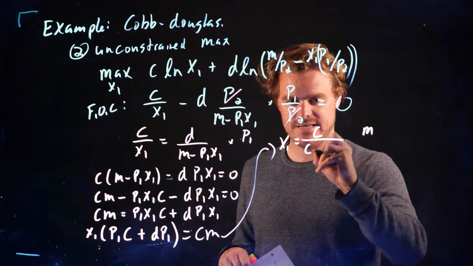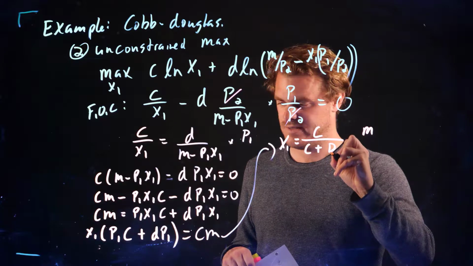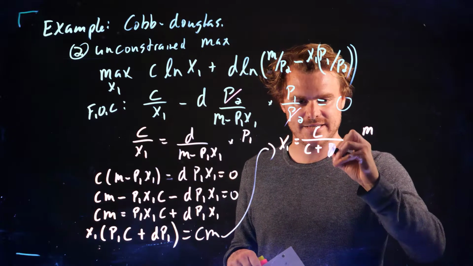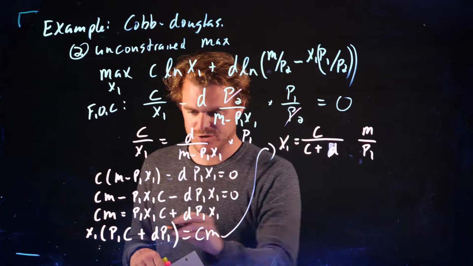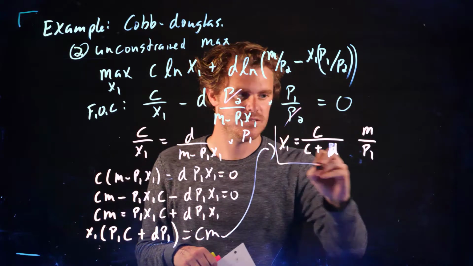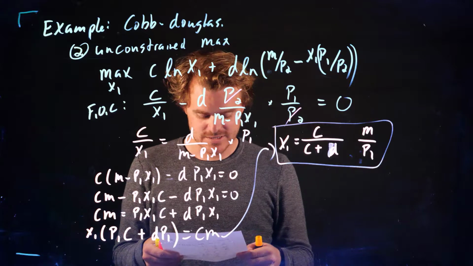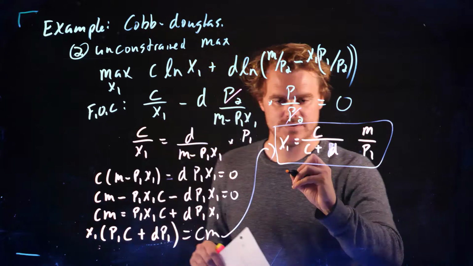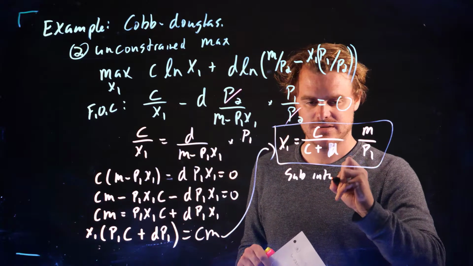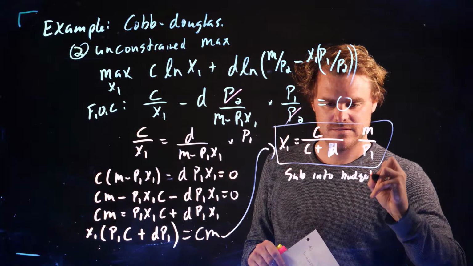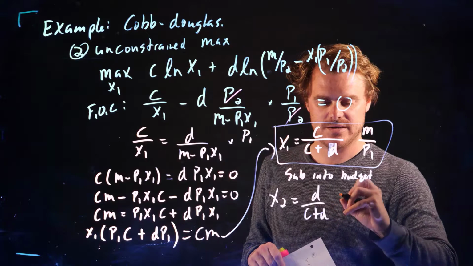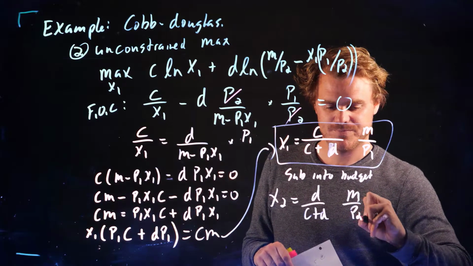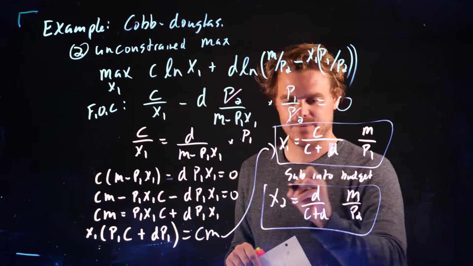So c plus d, I guess I should have lowercase d, times p1. I'm just rearranging this like this. So this is exactly what we got before. Sub into budget, and we'd get x2 equals d over c plus d times m over p2, just like we did with the other method.